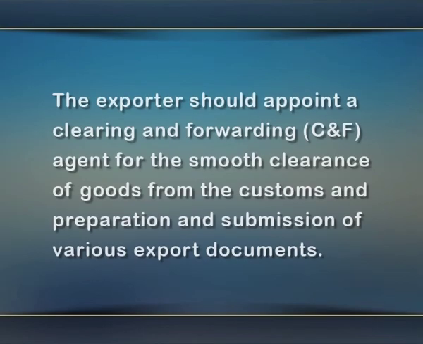Since exporting is a complex and time-consuming process, the exporter should appoint a clearing and forwarding, that is C&F agent, for the smooth clearance of goods from the customs and preparation and submission of various export documents.